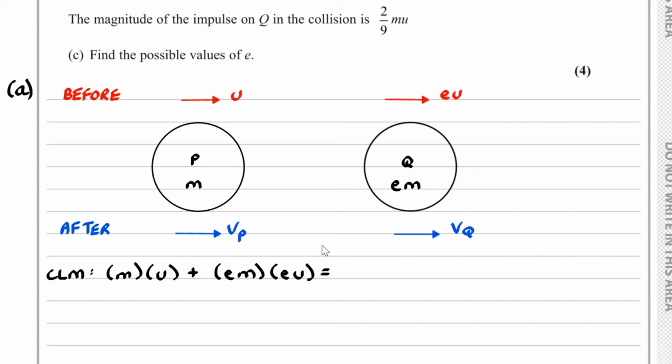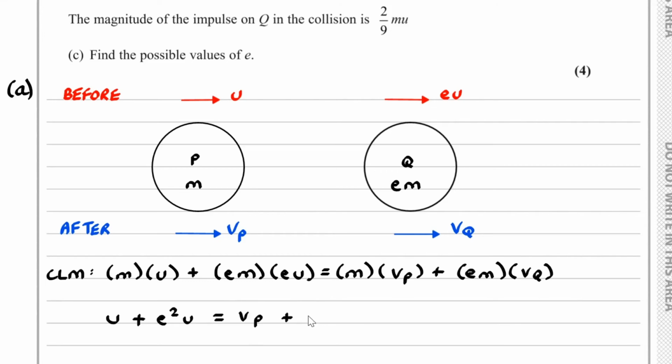This is equal to m multiplied by vp plus em multiplied by vq. So, noticing the m's cancel out, we end up with u plus e squared u equaling vp plus e vq.